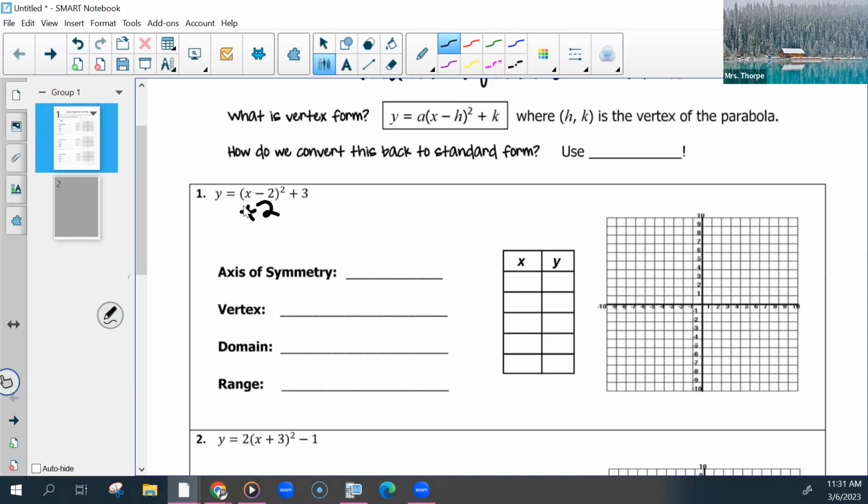And we're going to talk more about vertex form when we get into transformations. But I call this the rebel child. They don't want to do anything that you tell them to do. They always do the opposite. So every time you look at it, whatever it says, do the opposite. So our vertex would be +2, 3.